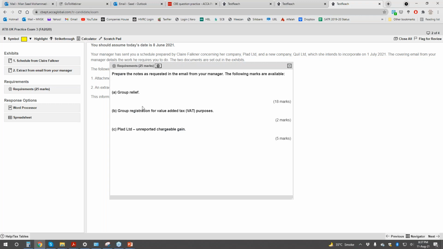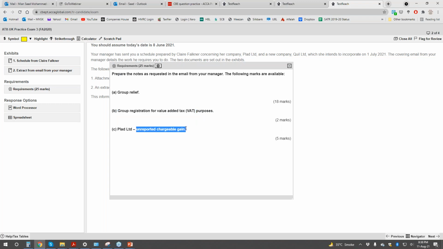So it's merely a marking scheme. That part is for 18 marks, which has some sort of group relief. Obviously, group relief is a topic of corporation tax, and group registration for value added purposes is a topic of value added tax, but in my notes, you will find it in the corporation tax chapter. And then it's Plad Limited unreported chargeable gain.